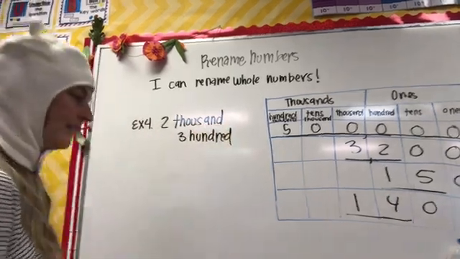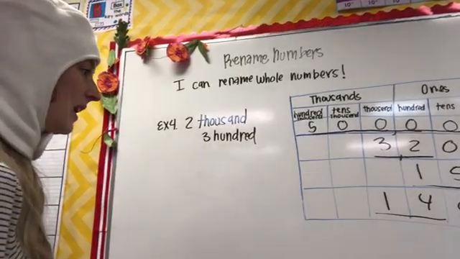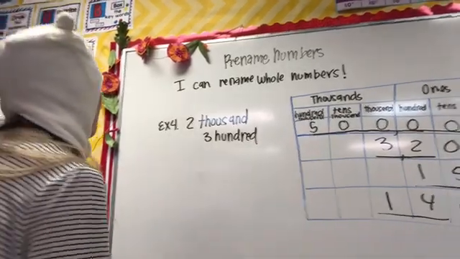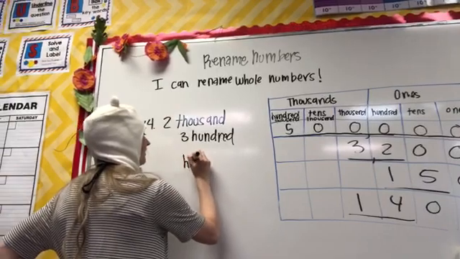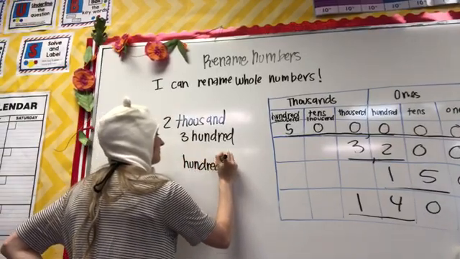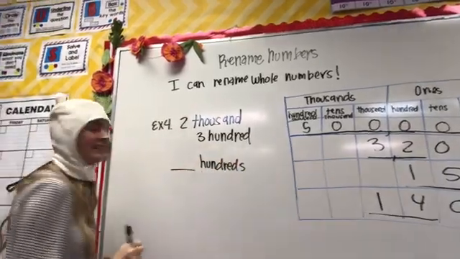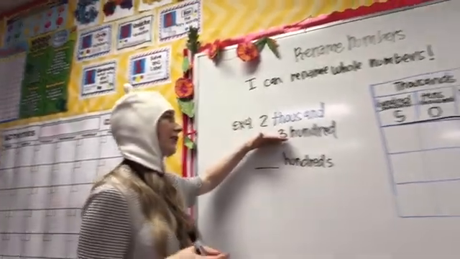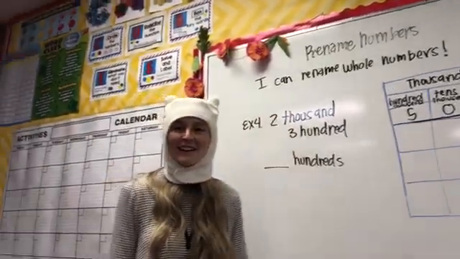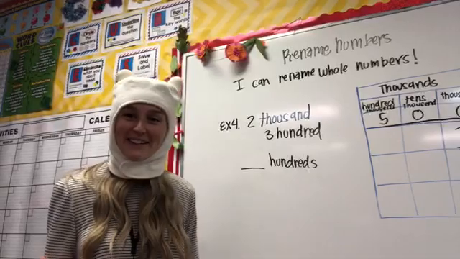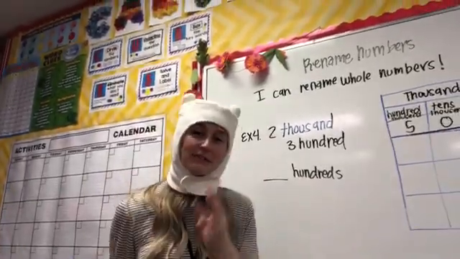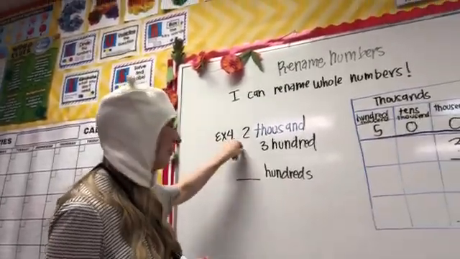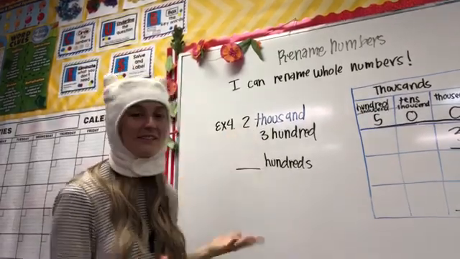And then I wanted to know how many hundreds this was. Okay, you can't just be like, oh, Miss Gillette, it tells us 300 right there. Guys, no, what about this whole 2,000? Yes, the 300s, there's 3 of those. But how many hundreds are in this 2,000?